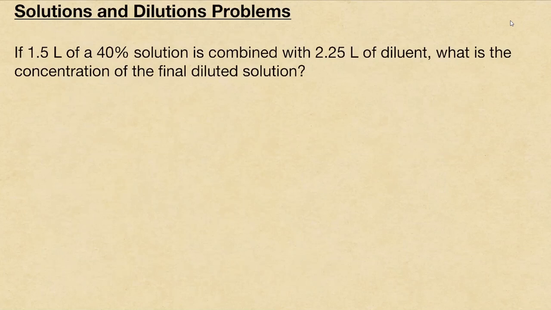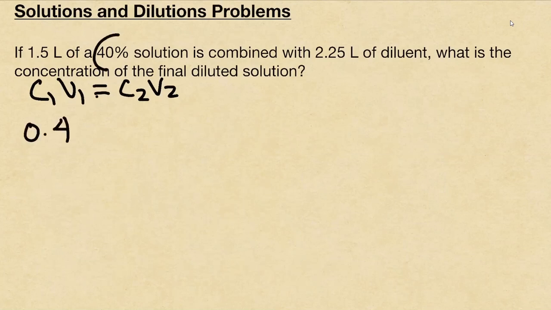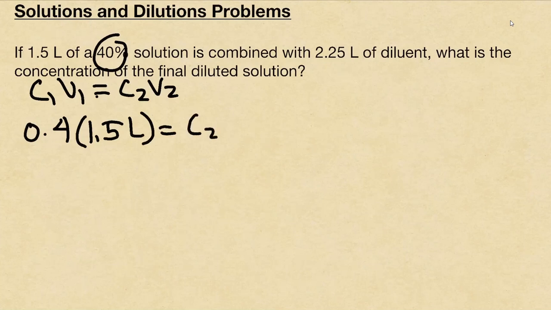Now, it seems like a lot of math, and some of these questions can sound very daunting, but as long as you're plugging it in, C1V1 equals C2V2, just plug it in. So we have our 0.4, which is our 40% solution. And they told us we originally had 1.5 liters. We don't know that final concentration, so that's our unknown.